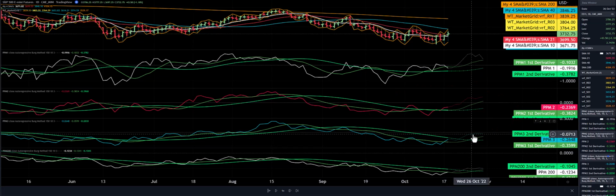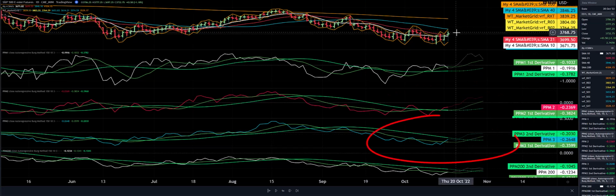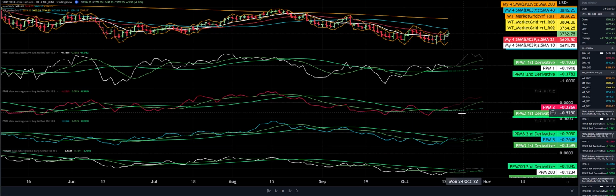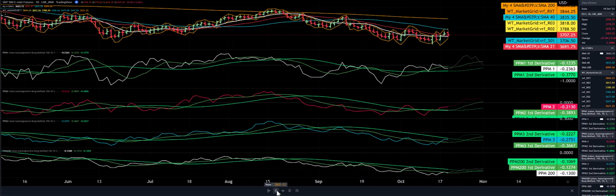The 40 is also suggesting that it's not going to get positive. If you notice, I put my cursor over here, minus 0.08. So it's not suggesting that, but it is suggesting a few bars out, there's a potential for a test of that 40-period moving average. Let's keep running the script.